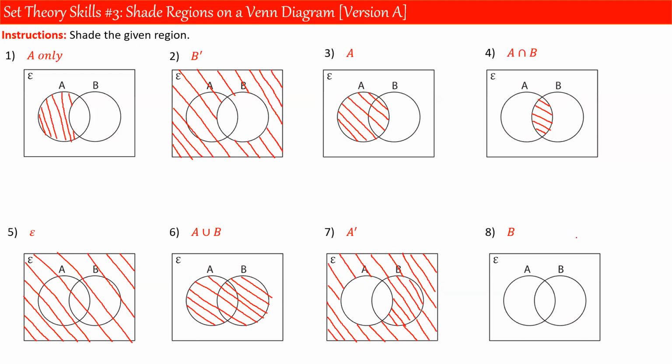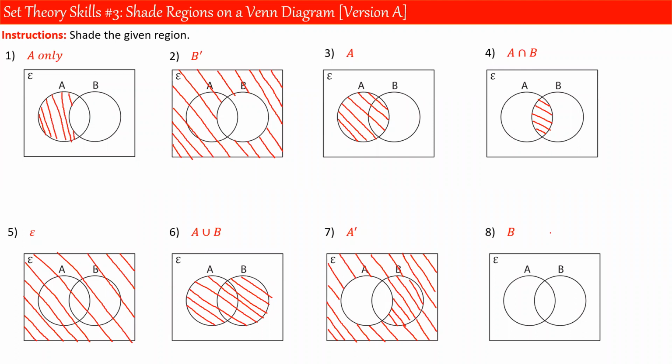All right. Next up is B. We want to shade all of B. So I guess I could leave that to Danica. Help me with B. Okay, if you insist.